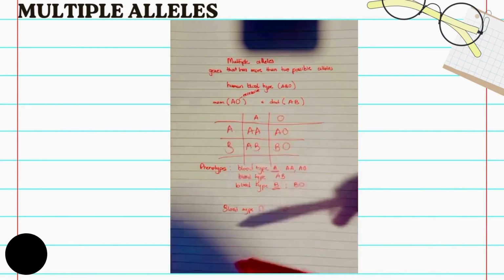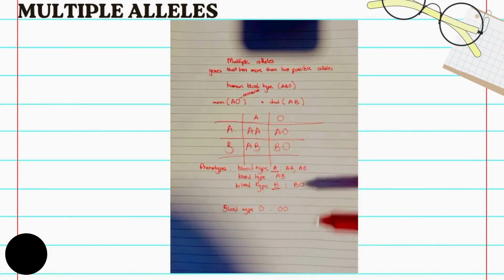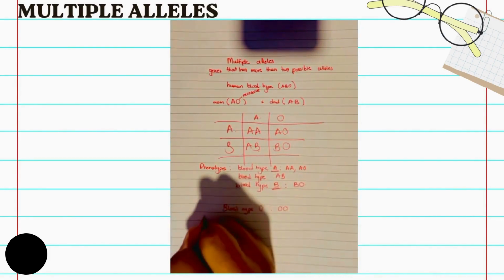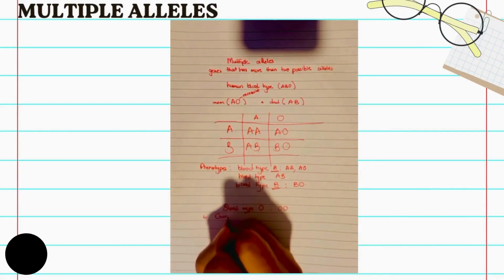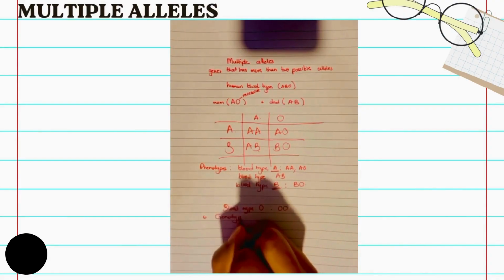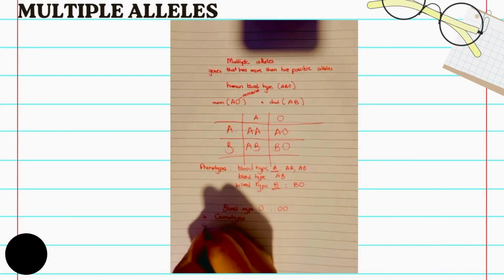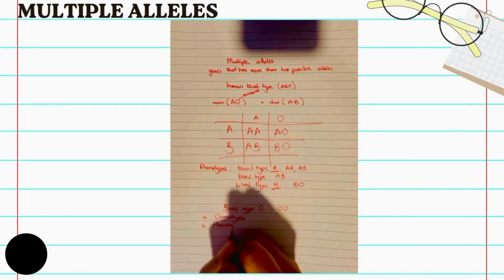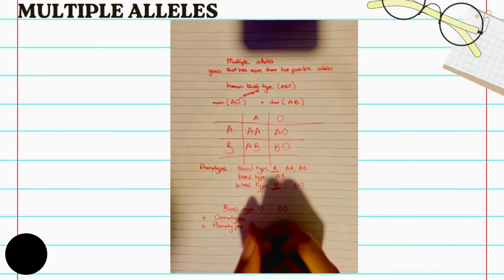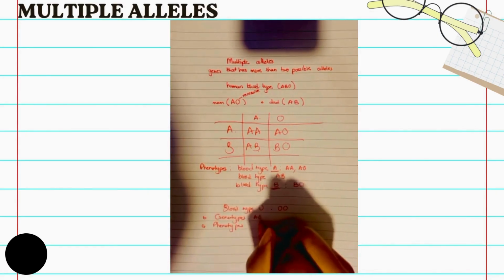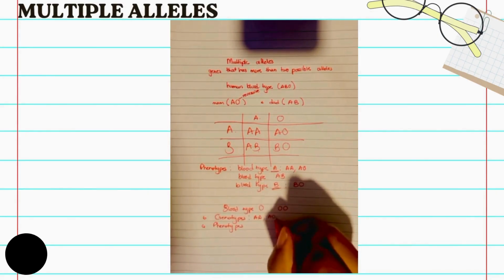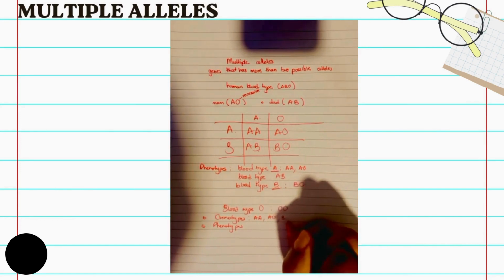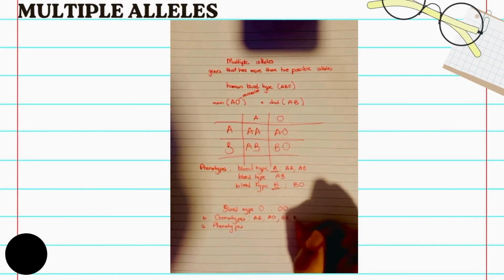For the trait blood type, there are 6 genotypes and 4 phenotypes. Phenotypes, we talked about this, are the physical presentation, and genotypes are the genetic makeup. So we have 6 genotypes in blood types: AA, AO, BB, BO, AB, and OO.